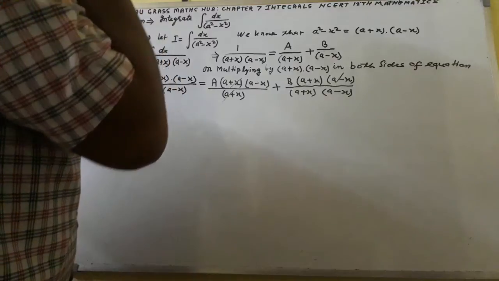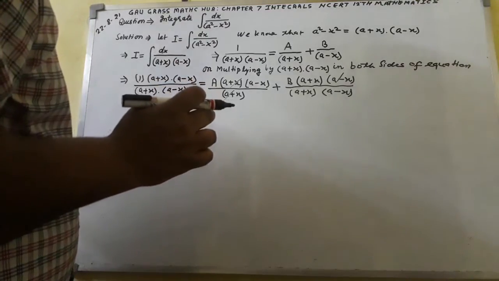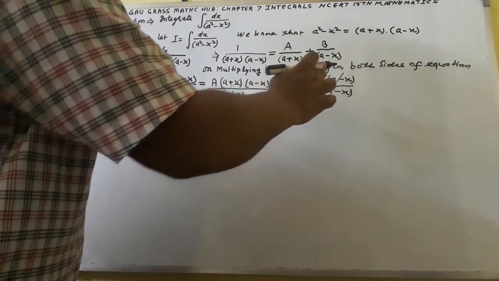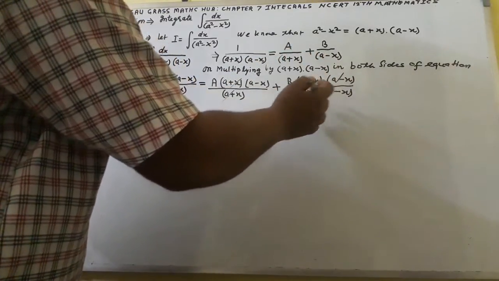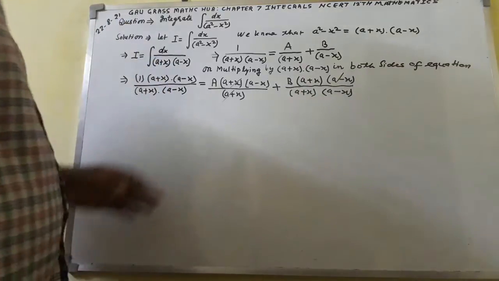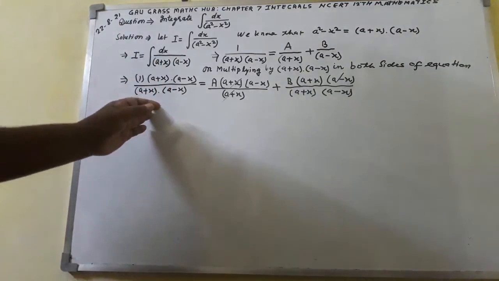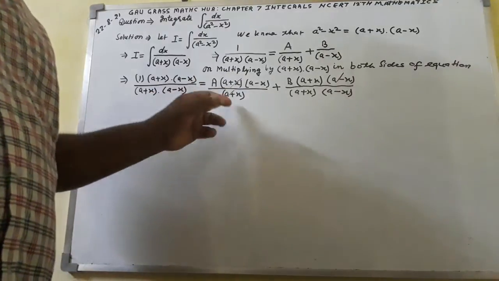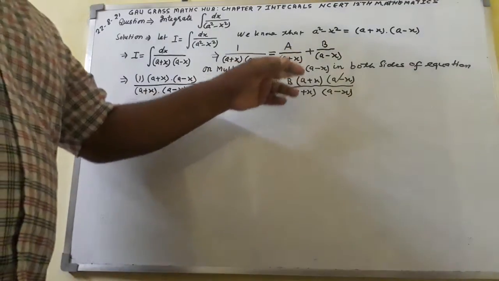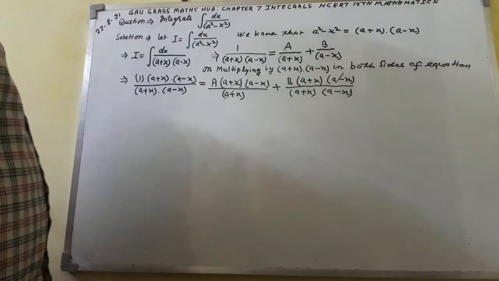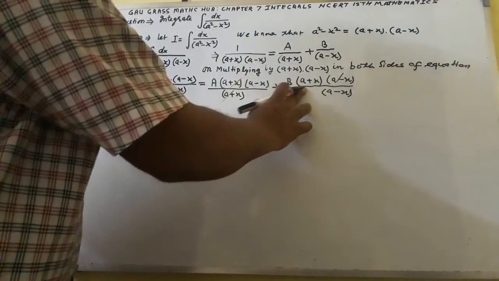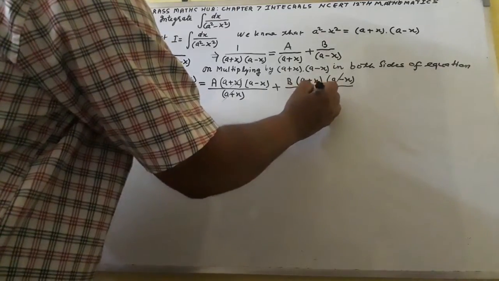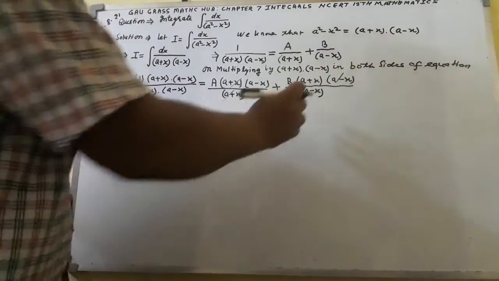A will multiply to a minus x, and B over a minus x gives B times a plus x. So here write a minus x.